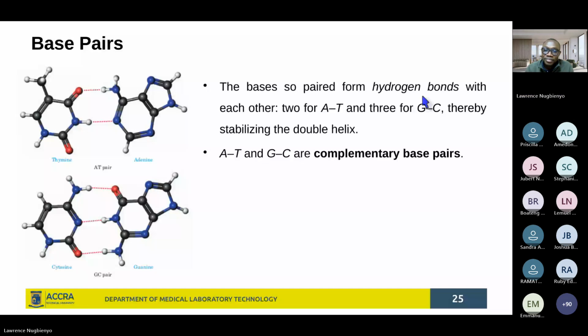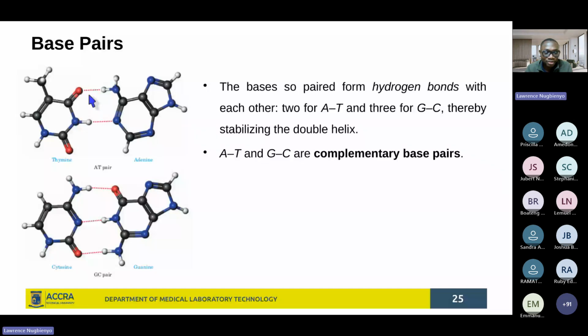Now, when you take adenine and thymine, we see here that adenine and thymine have two hydrogen bonds between them, shown in the dotted red lines.